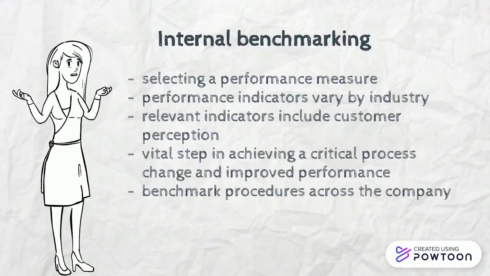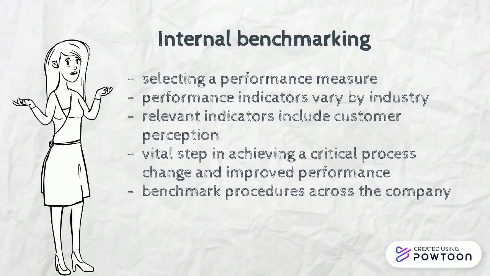Those who will be most impacted by the benchmarking findings must be able to utilize them to effect positive change. This is a vital step in achieving a critical process change and improving performance. The goal is to benchmark procedures across the company, resulting in increased efficiency.